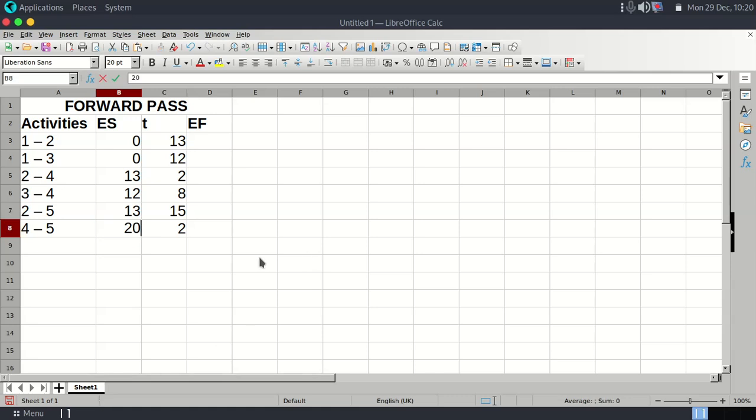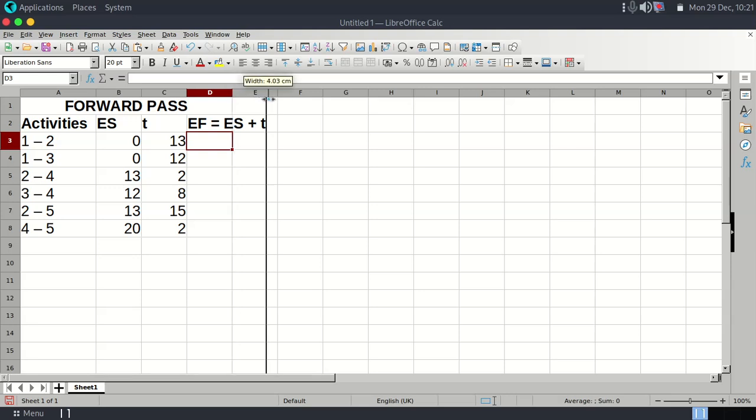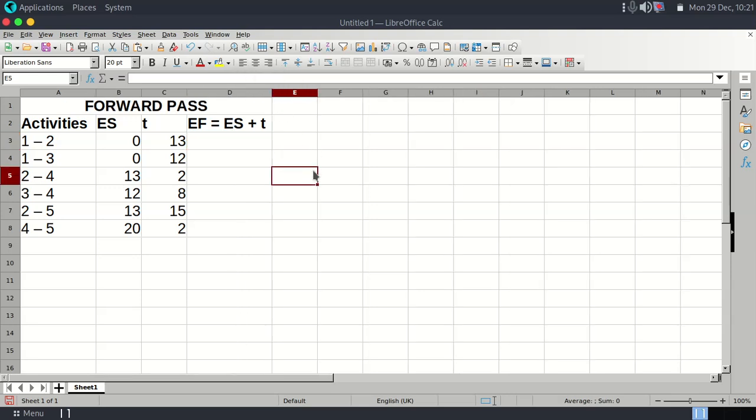Now EF as a formula. The formula for EF, which is the earliest finish time, is simply ES plus the duration. Why are we saying ES plus the duration? Because in the forward pass we are adding. So 0 plus 13, the answer is 13.